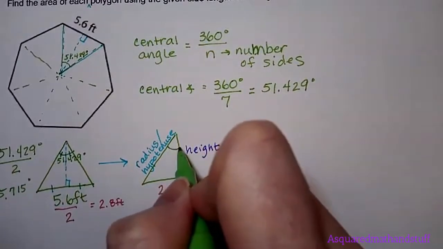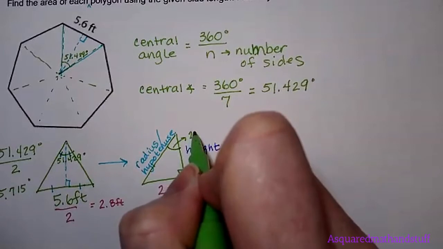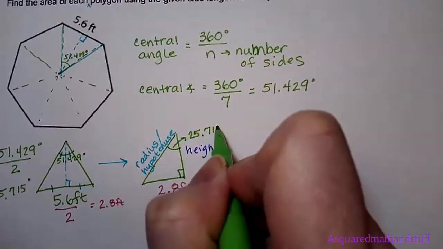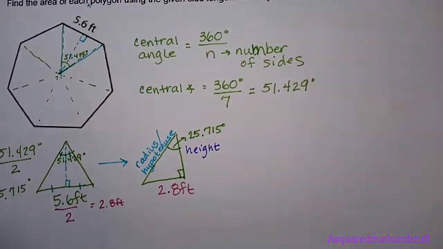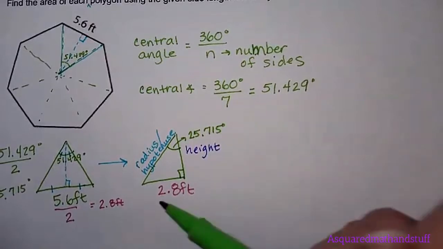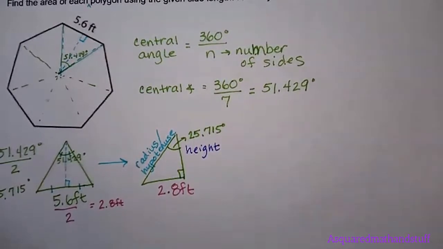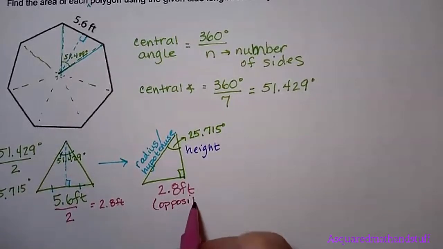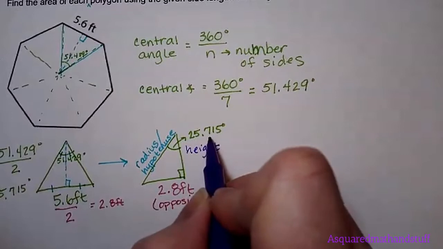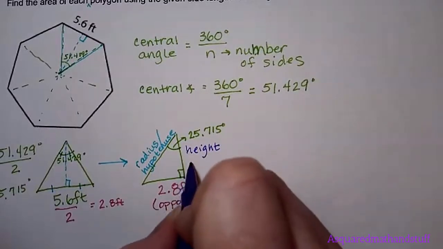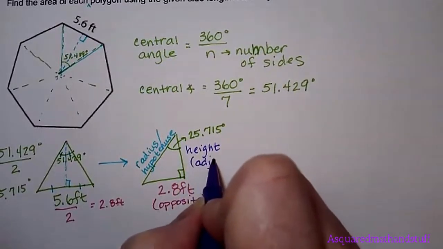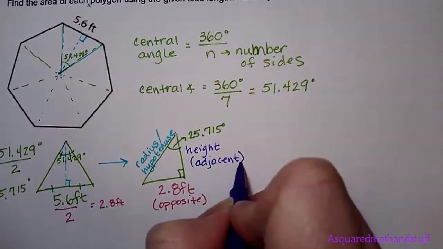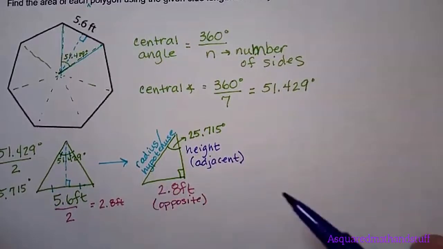So this angle here, we're talking 25.715 degrees. Now that we have this angle, and we have an opposite side of that angle, we can work with our trig ratios. The height here is the adjacent side to this 25.715 degree angle. And then we have our hypotenuse.